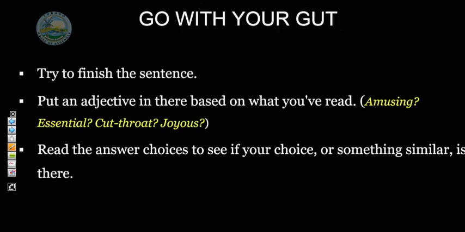Finish that sentence by putting an adjective in there based on what you read, the author's feeling about ballet or whatever other topic it is. Then read the choices you were given and see if one of them is quite similar to what you guessed.